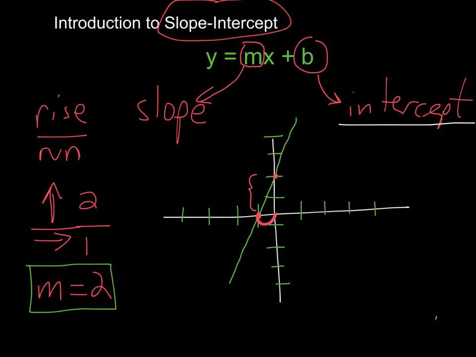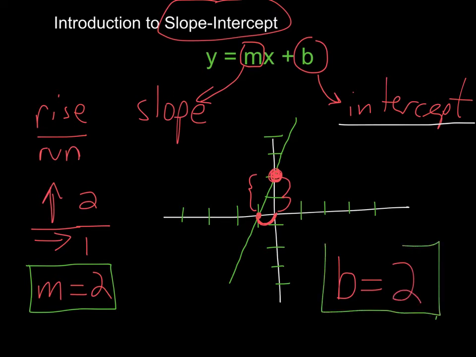So how many steps up or down does this line cross the y-axis? Let's count. 1, 2. Here it is, crossing the y-axis. So if it's 2 steps up, then the y-intercept is positive 2. So how can I write the equation for this line in slope-intercept form?